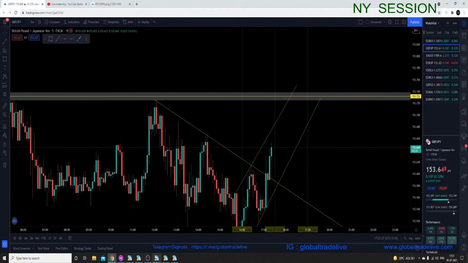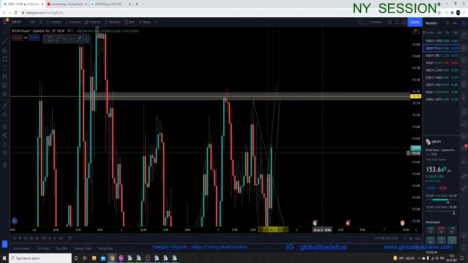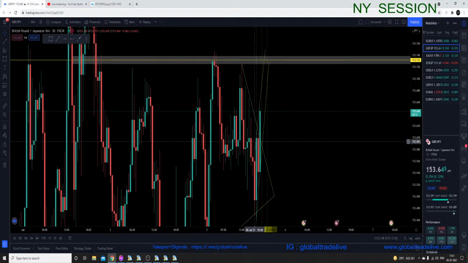Because if the market will not be creating that thing, then we cannot really take a buy trade. Because right now, if I just took a buy trade at this point, when this candle just broke the high over here, it was really not a good idea, because if you look at the 30 minutes over here, then the market is having some rejection wicks over here.